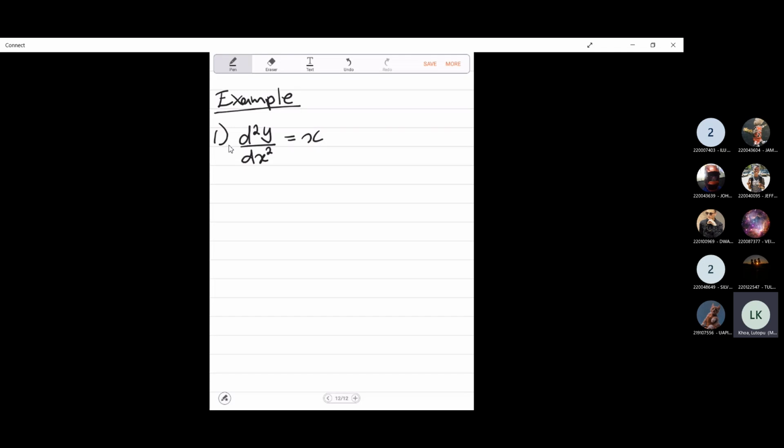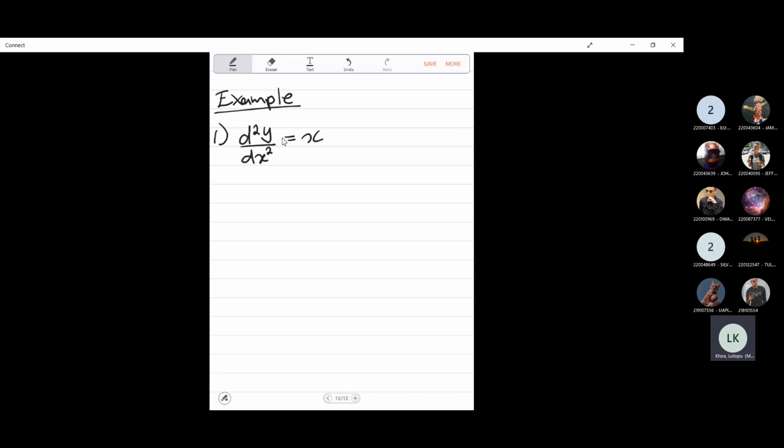So you won't get something like d2y/dx2 is equal to xy, or where this side is a mixture of x and y. Again, that is out of our scope. But this one, because it just involves direct integration, then we can solve it.